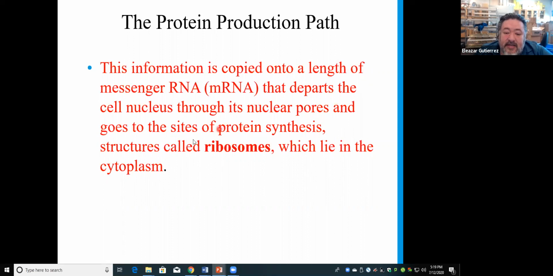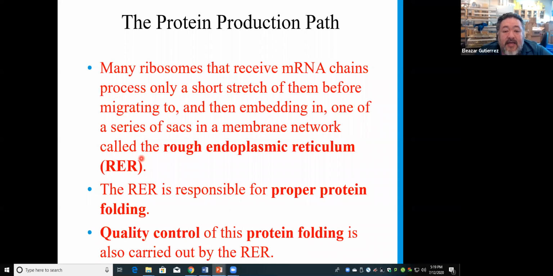That's right, they're called ribosomes. And these lie inside the cytosol. I don't like cytoplasm. They're in the cytosol. It's not on an organelle. It's off an organelle, okay?